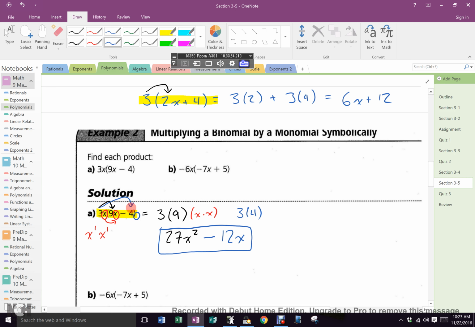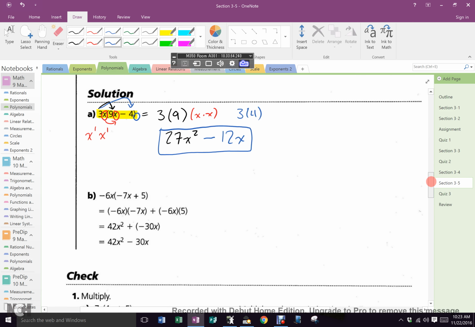Everybody cool? All right, so let's look at the next one. I've written it out because there's a negative in front. But what I want you guys to do is explain each step. What did I do here? What do we call this when I bring the 6 to both of them?